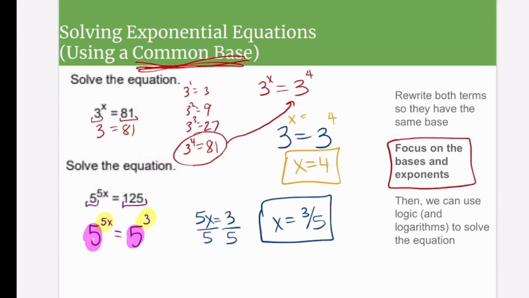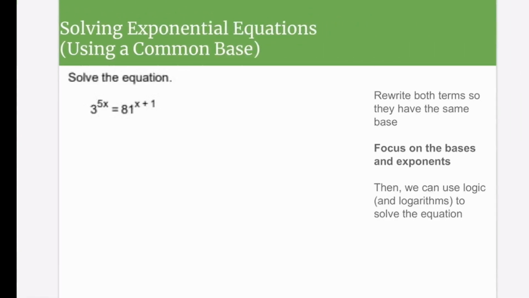So let's do one more question that's going to be a little more complicated. The only reason it's complicated is because of the exponents. But again, we are going to focus on the bases and the exponents first. Bases are 3 and 81. So 3 is going to stay there. We can rewrite 81 as 3 to the fourth power.